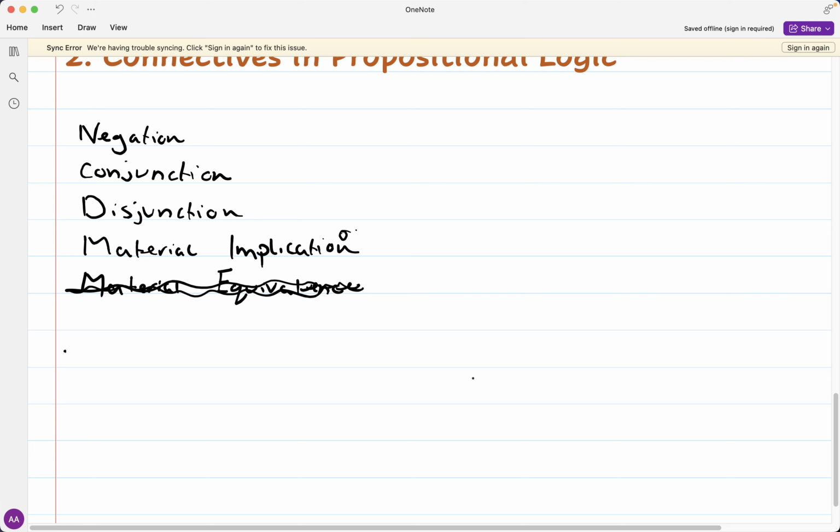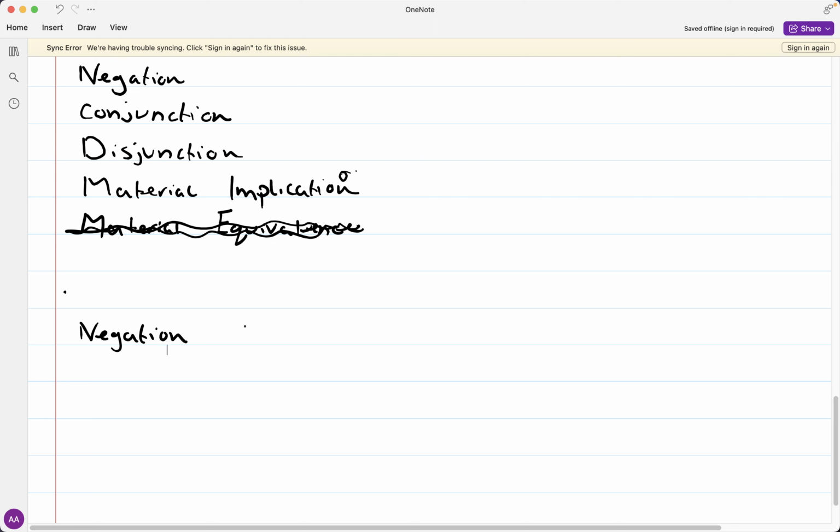So let's begin with the concept of the negation. A negation essentially does what it says on the tin, the word negate. It negates the proposition, okay? A negation is applied to a single proposition or to a bracketed single sub-sentence, which you could have, but for the most part, you would define it in reference to a single proposition.